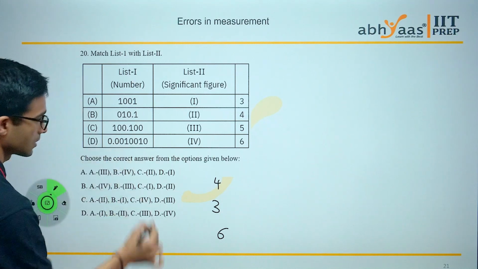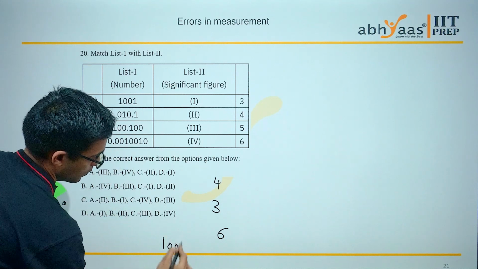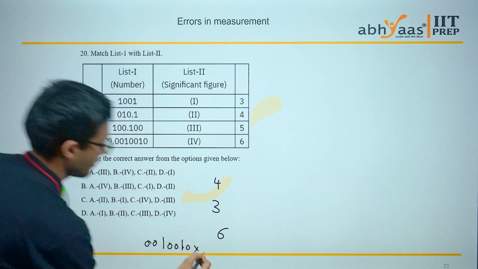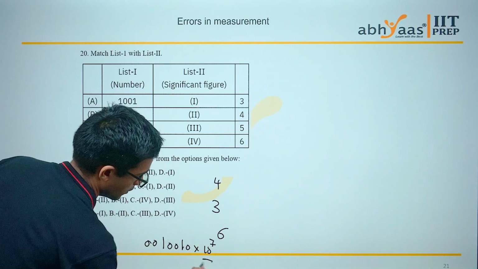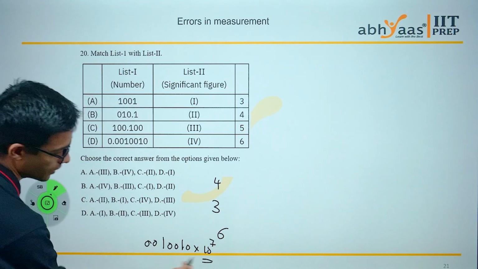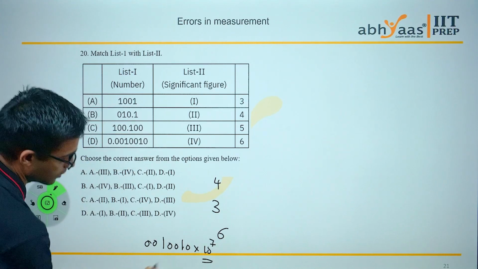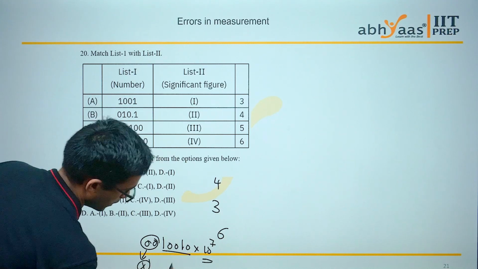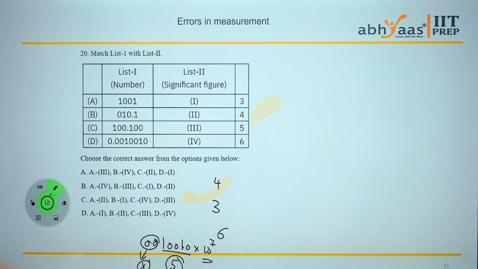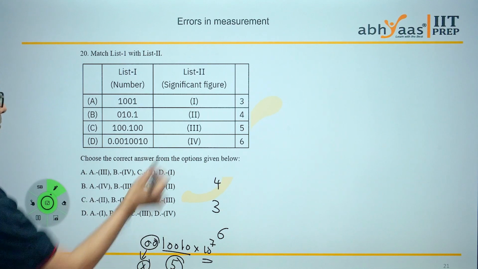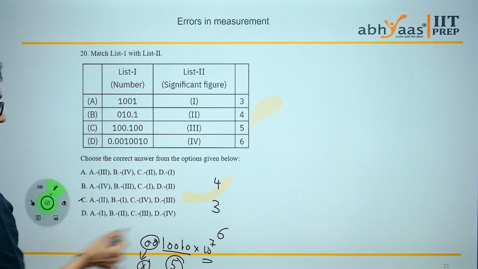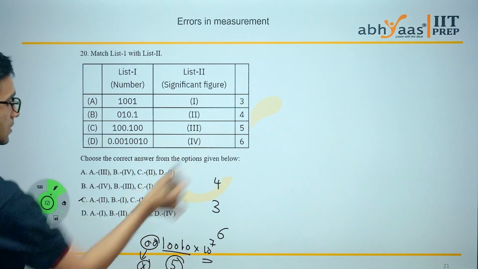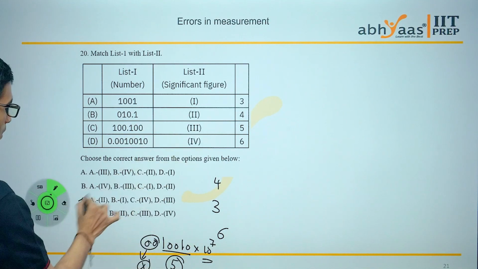You can also write this in another form: 100100 into 10 power minus 7. Here the leading zeros are not significant, so the significant digits are 5. So we have 4, 3, 6, 5. A is 4, B is 3, C is 6, D is 3. Option C is right.